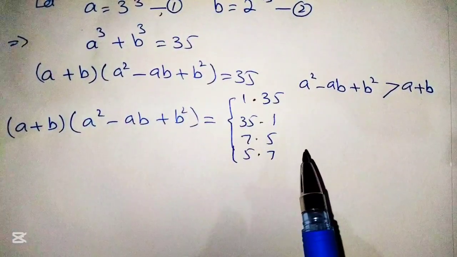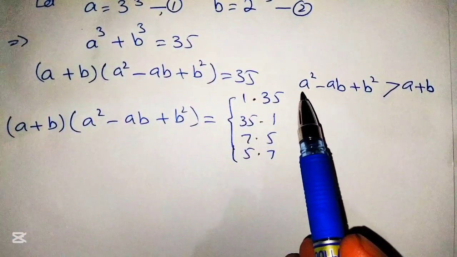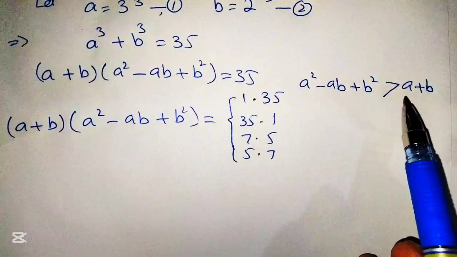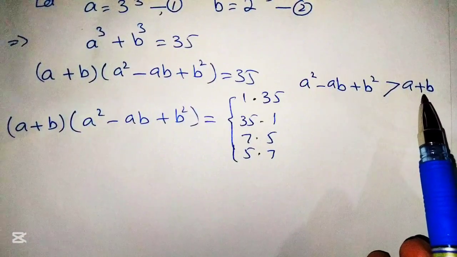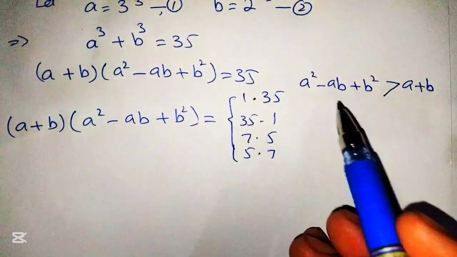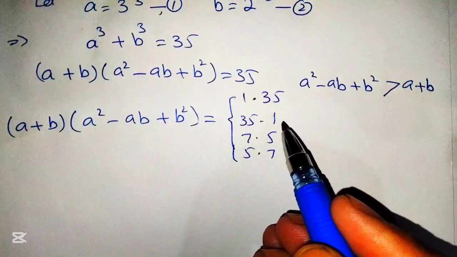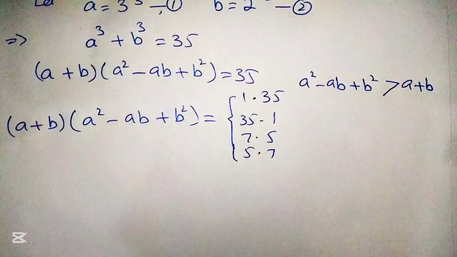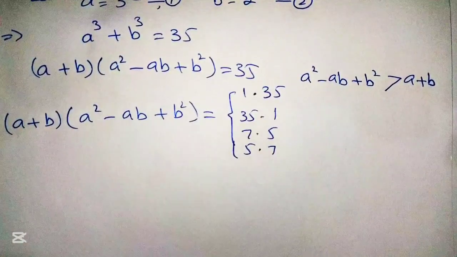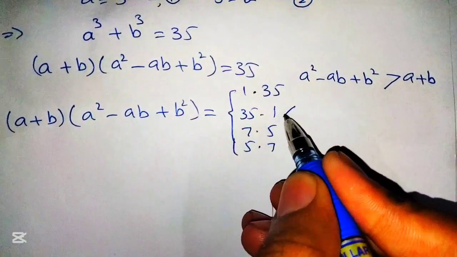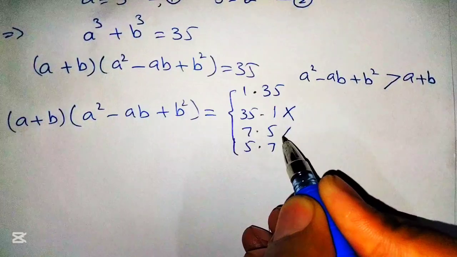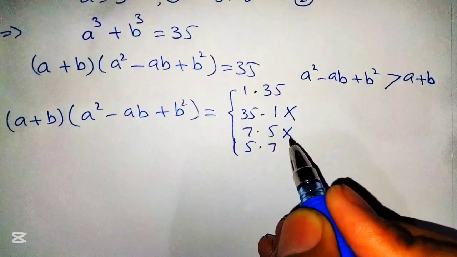So the only values possible are where the value of this factor is greater and the value of a plus b is smaller. Hence according to this condition we can cancel out two factors: 35 into 1 is cancelled and 7 into 5 also cancelled.